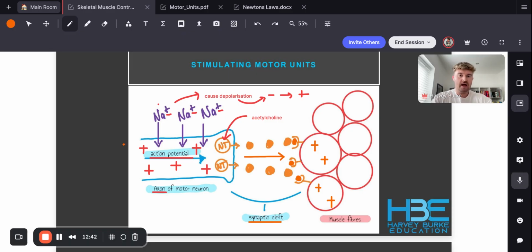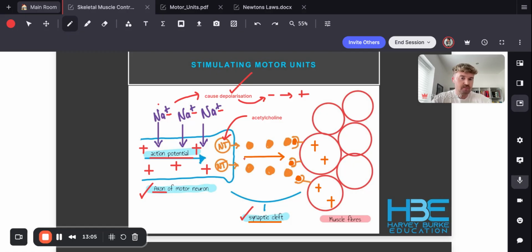So overall there, you would say an action potential, if I just tick these points in red, an action potential travels down the axon of a neuron. That is created by sodium ions diffusing into the axon, causing depolarization. Neurotransmitter is then secreted into the synaptic cleft.